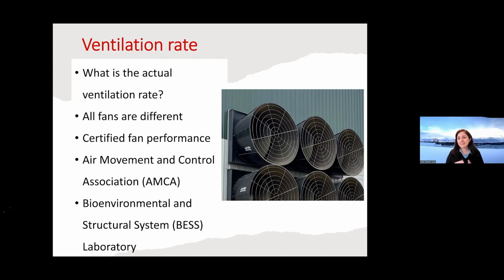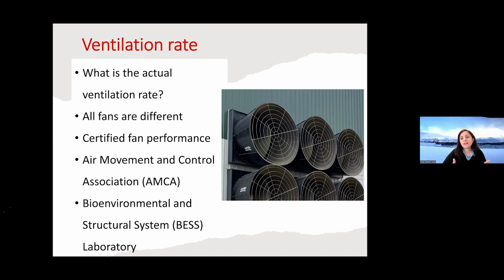So here's another example. We see this is a tunnel ventilated building, and these fans are connected to the short end of the building. Each fan has a different ventilation rate. So what is the actual ventilation rate? Most of the livestock buildings, the mechanically ventilated buildings, work under negative pressure.